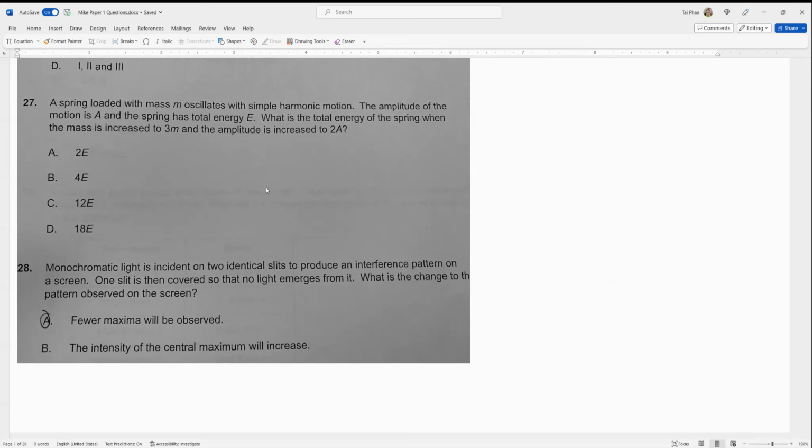We have the following equation for calculating the energy of a simple harmonic oscillation: one half k a squared, where a is the amplitude, and k is a constant that depends on the spring. Mass increased to 3m.